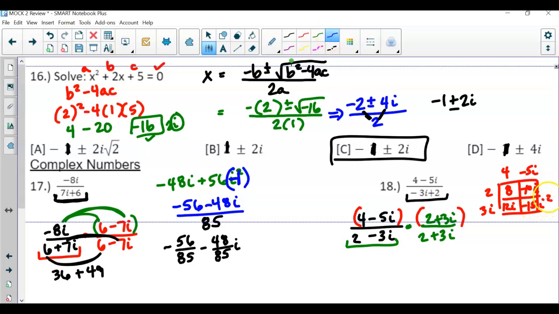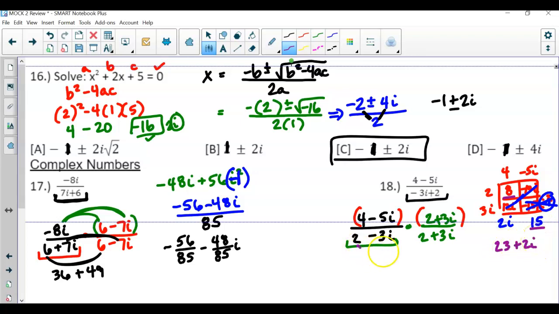Then i squared is always negative 1. So negative times a negative is now a positive 15. I do have my like terms here. 12 minus 10, which is 2i. So now here I've got 8 plus 15, which is 23 plus 2i.